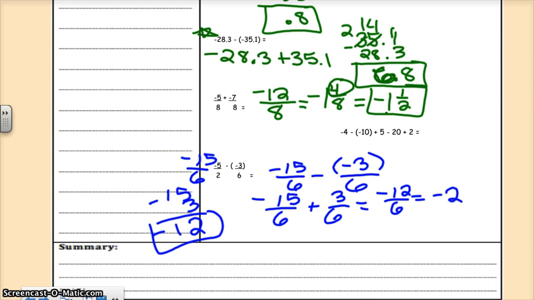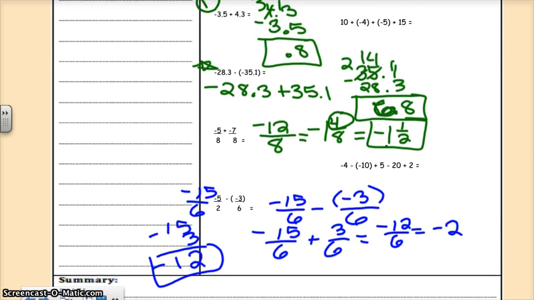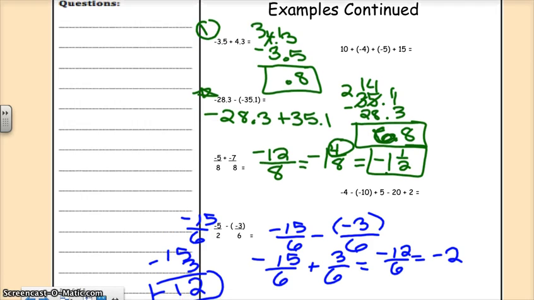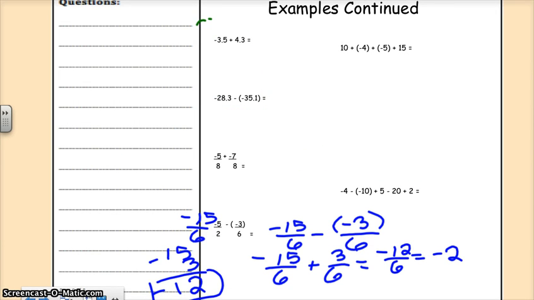Okay, I'm going to erase all this. So, the strategy here, if you have multiple terms, is to group together the like signs. And first make sure that everything is adding, okay? So I see I have add, I'm good. Now I can group the signs.